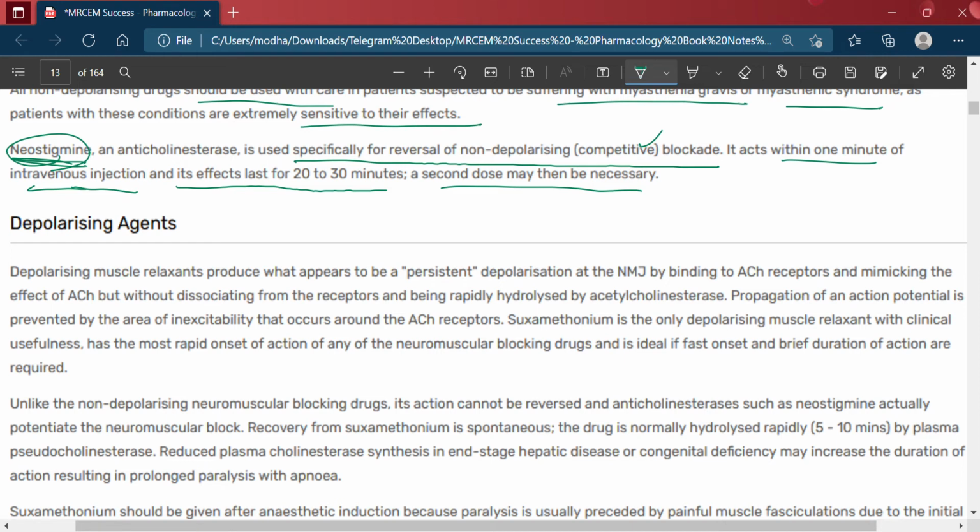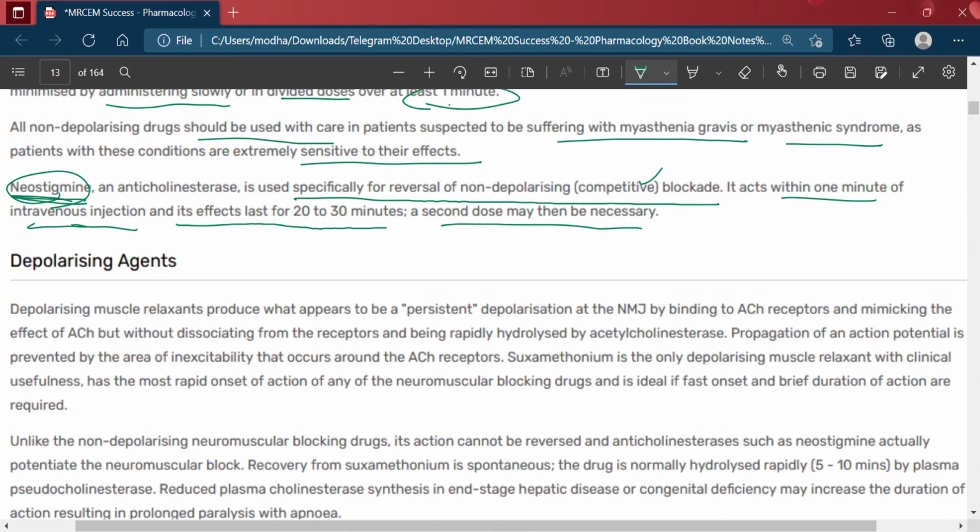Now, depolarizing agents. Depolarizing muscle relaxants produce what appears to be persistent depolarization at the neuromuscular junction by binding to the acetylcholine receptor and mimicking the effect of acetylcholine, but without dissociating from the receptor and being rapidly hydrolyzed by acetylcholinesterase.